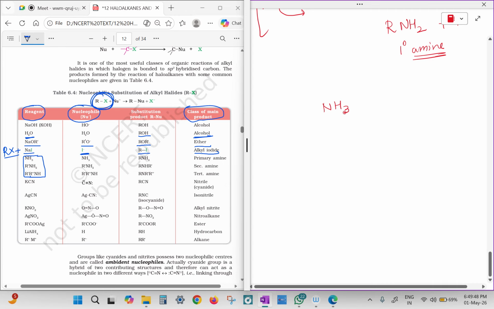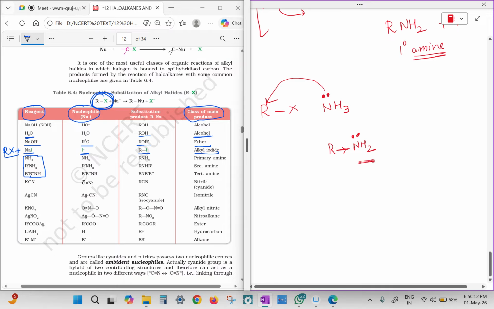Compared to ammonia, the RNH2 is an even better electron rich group. Because in ammonia, the lone pair was responsible to act as a nucleophile, but here the lone pair electron density is further enhanced by the electron releasing alkyl group.